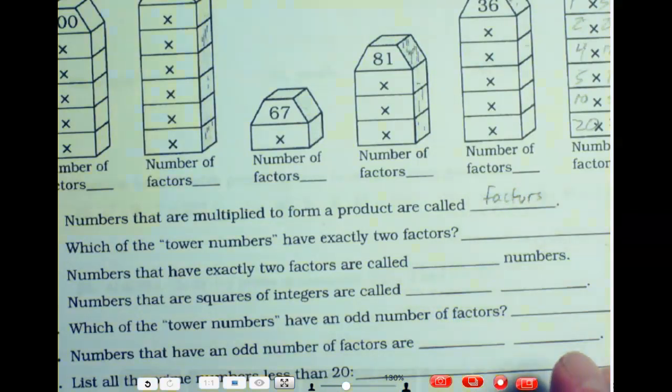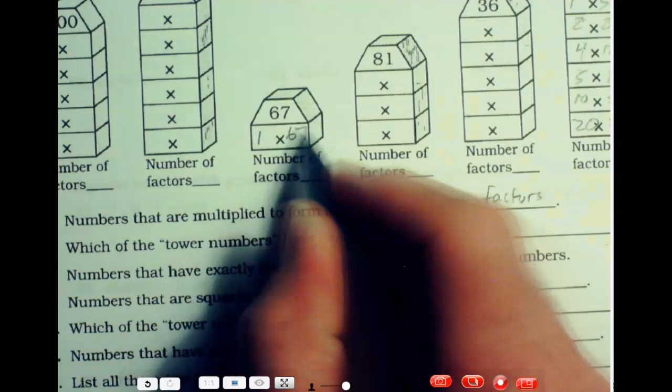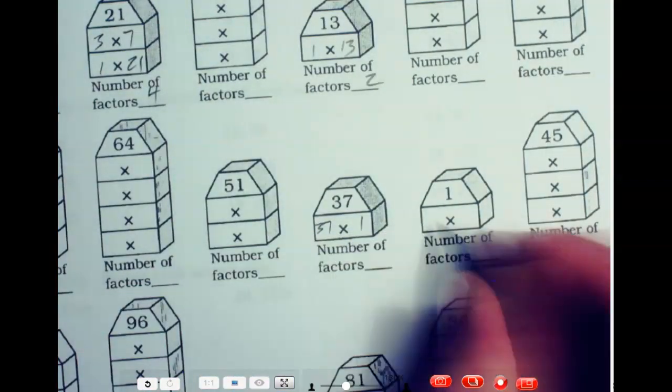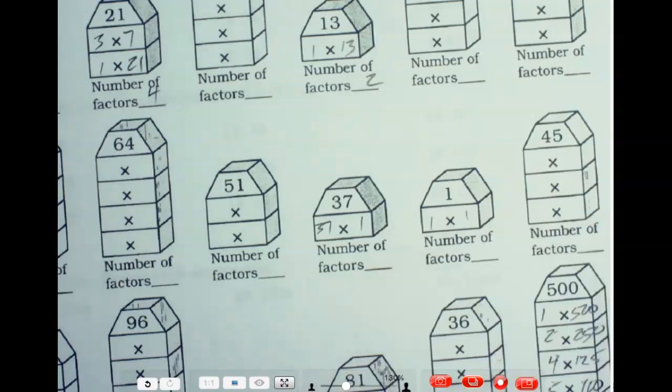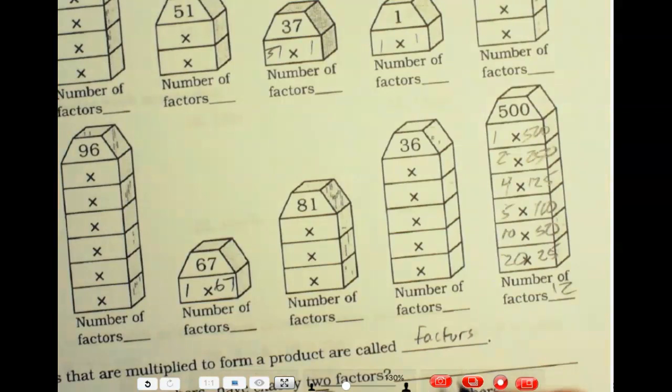Which of the tower of numbers has exactly 2 factors? 1 times 67. 37 times 1. 1 times 1. They're prime numbers. The prime ones.